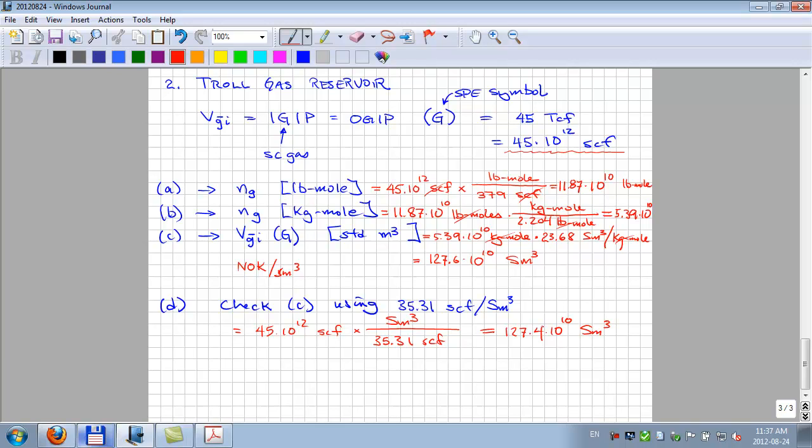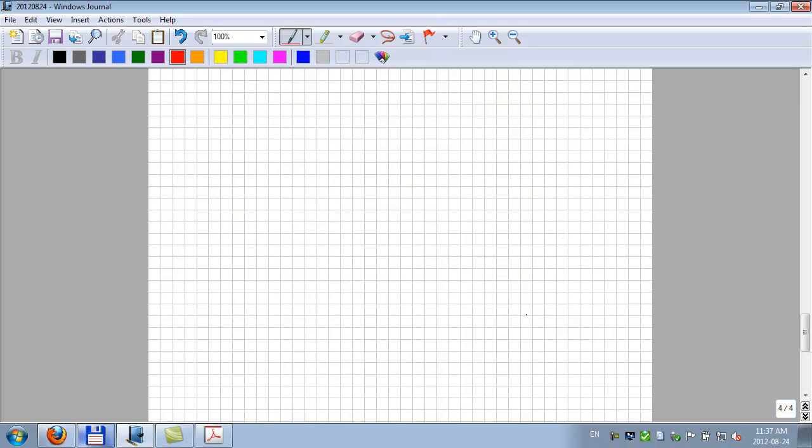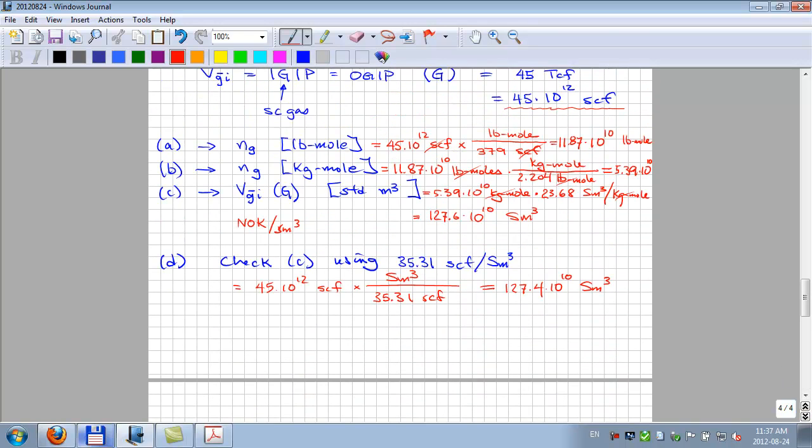Now, this is round off because of digits and accuracy and so forth. But who cares? It's a 4th digit, right? I just want to put this a little bit in perspective. If I'm telling you that in Norway the price is about $5, which is much better than the United States, which is half of that, per 1,000 standard cubic feet. I don't know what Norwegian crowns per standard cubic meter is.